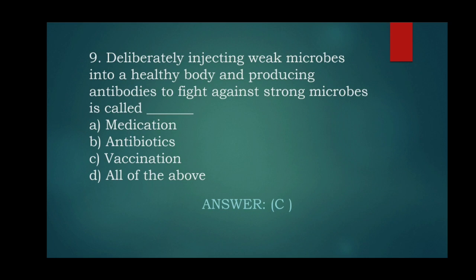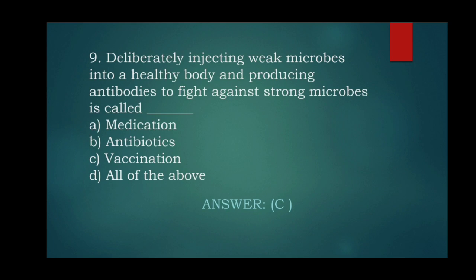Then question number 9: deliberately injecting weak microbes into a healthy body and producing antibodies to fight against strong microbes is called dash. Options A, medication, B, antibiotics, C, vaccination, D, all the above. We know that vaccination means giving the microbe deliberately into our healthy body, in order to produce the antibodies in our body against that microbe.